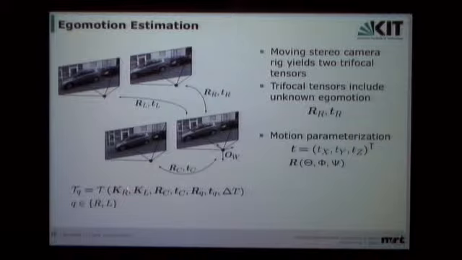So if the camera matrices are known and if these rotation and translation vectors are known, one could construct a trifocal tensor for this image and this image. And the rotation that is encoded in this trifocal tensor is precisely what we are actually looking for. This is the ego motion that we're trying to estimate. And the motion is, in our case, parameterized by this translation vector here and the rotation vector by these three angles. So again, this is a 6 degrees of freedom ego motion estimation.